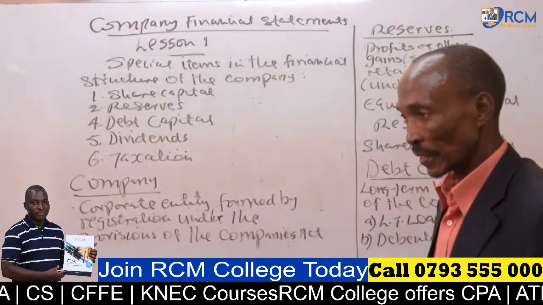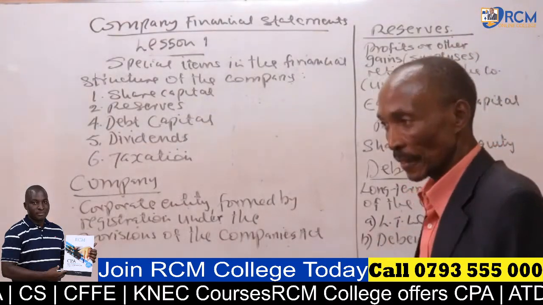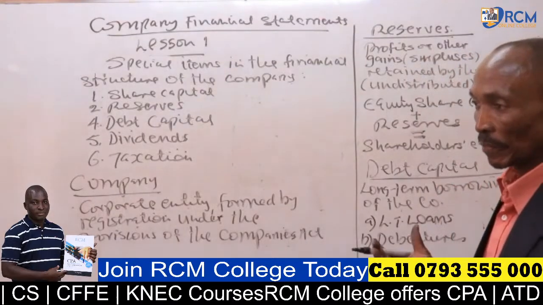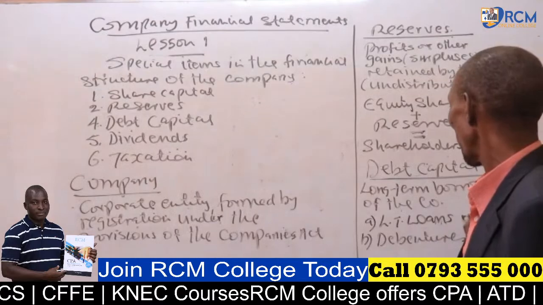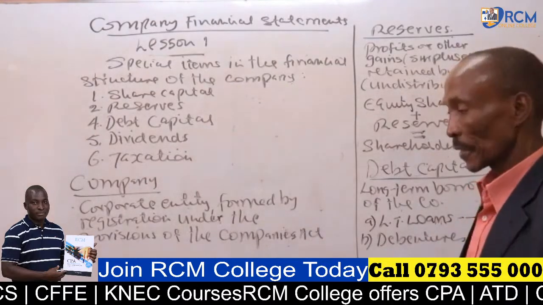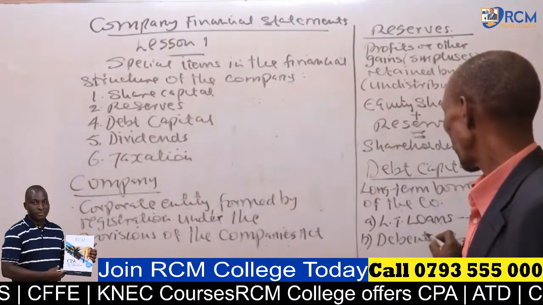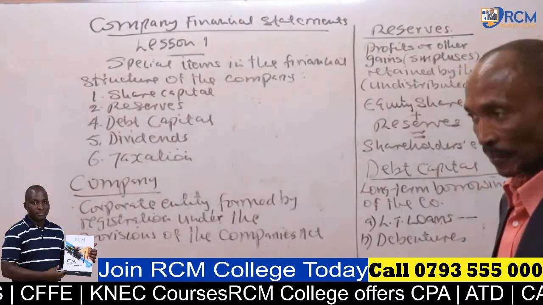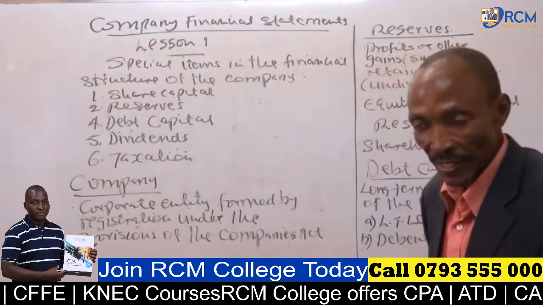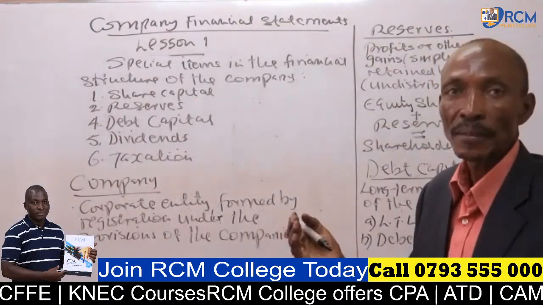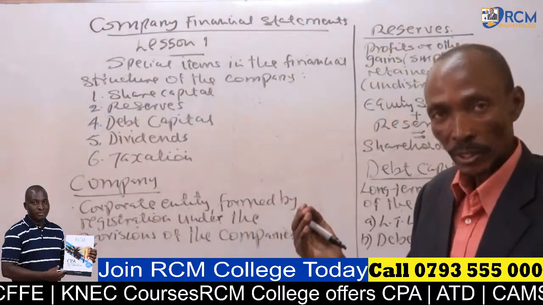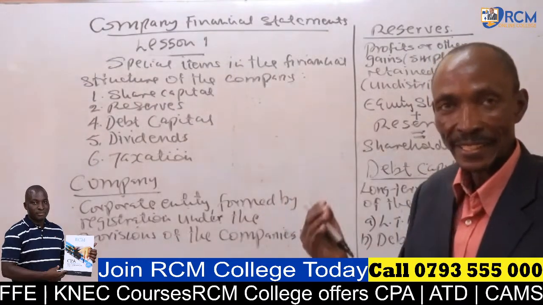In both cases, the company has borrowed money, but the manner in which it will be repaid is what differs. These loans can be paid back by installments, but for debentures, the amount will be paid back at once. You have a certain duration, a term, for example a 10-year term.